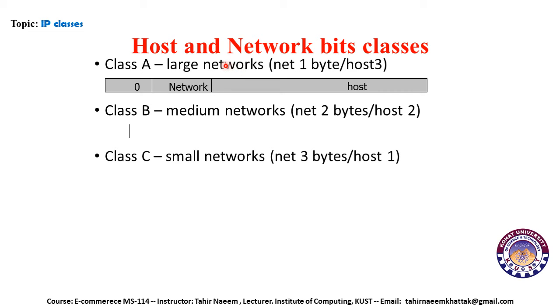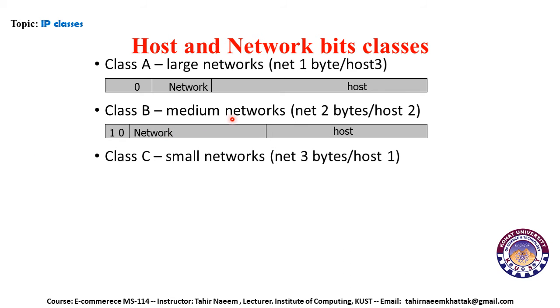Here we have three bytes reserved for host or machine addresses, while 1 byte is used for the network address. As you can see in the figure, 1 byte is reserved for the network address, while 3 bytes are reserved for the host address.